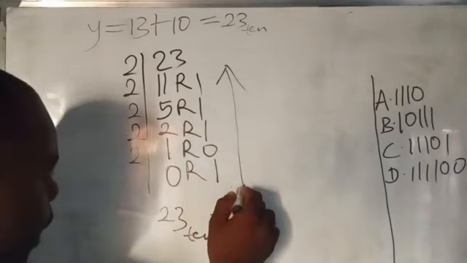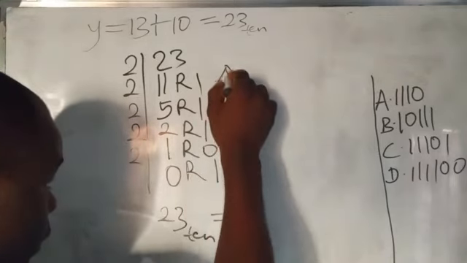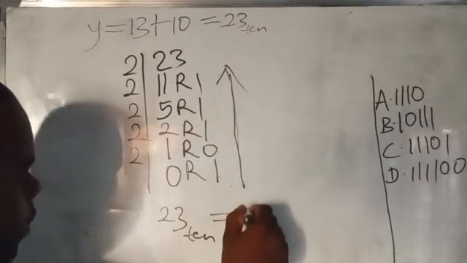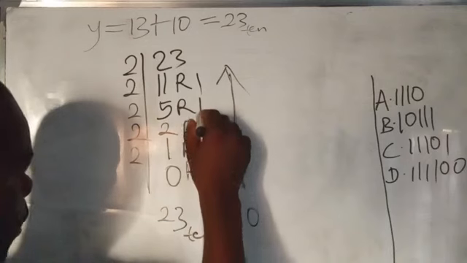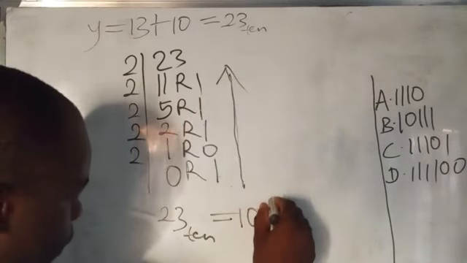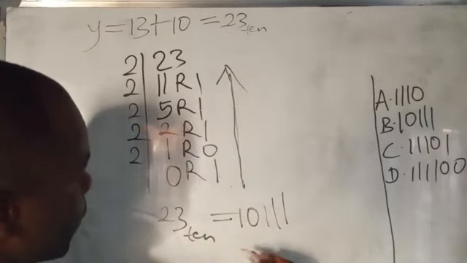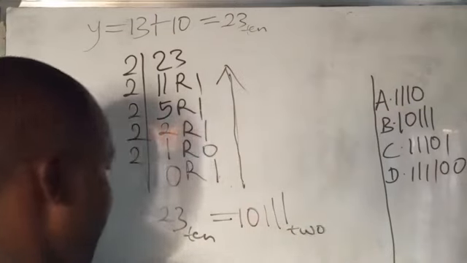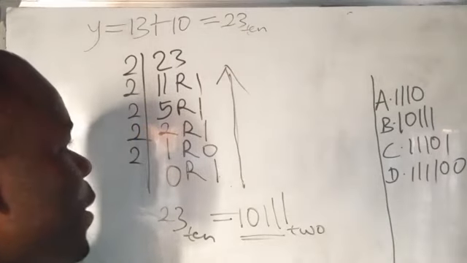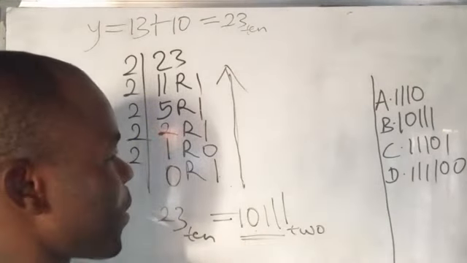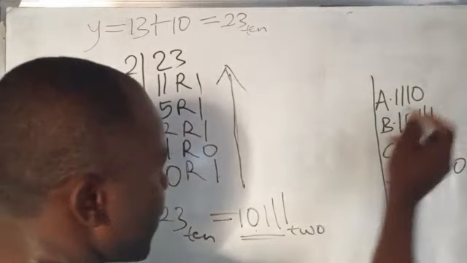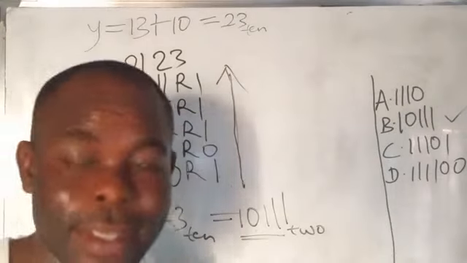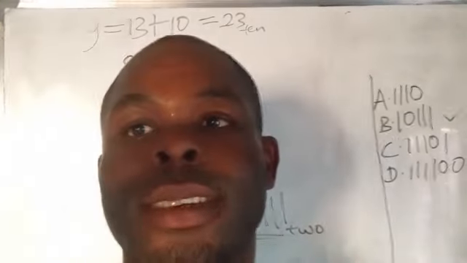You are drawing the arrow from down up, so you read from down up, which is 10111 base 2. And this becomes your answer. So if this is your answer, which option is the right option? Option B is the right option. And that is final. Thank you guys for listening. Bye.